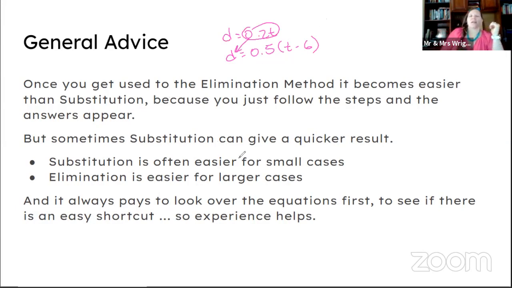Anytime if you had something like 2x plus 5y equals 15 and x equals 2 plus y, well, it's already set up where x equals something. You could take this and substitute it in for x. That could be easier than elimination because it's already set up to have a variable equal something for you.